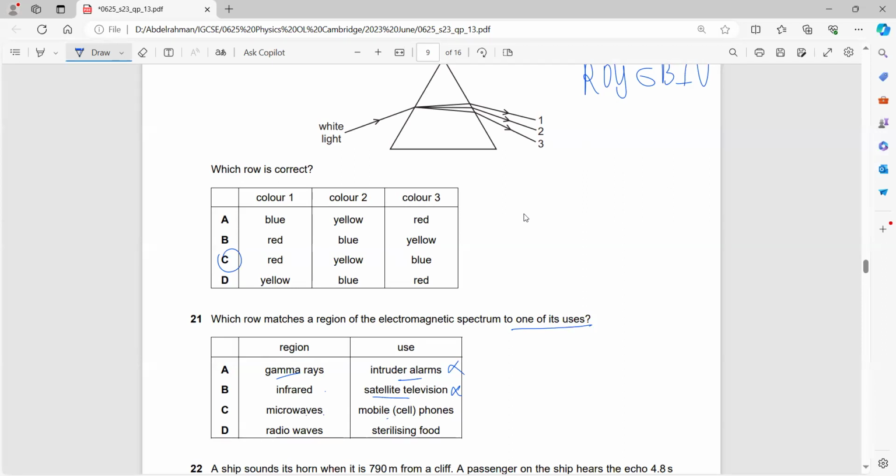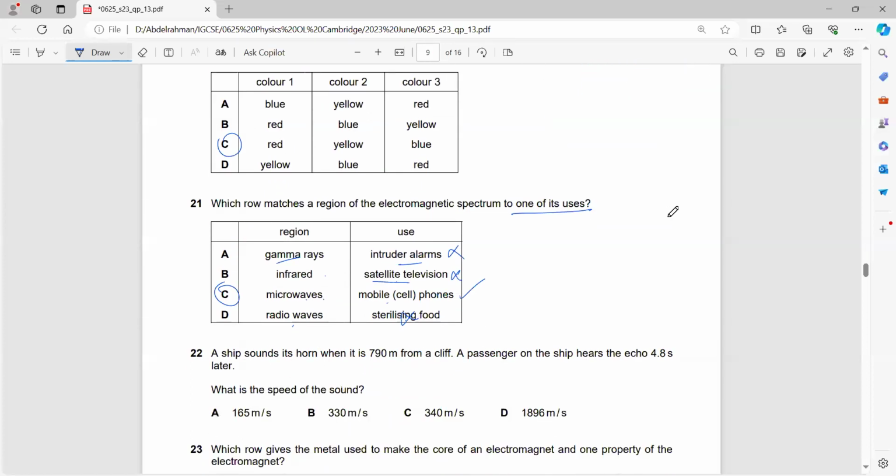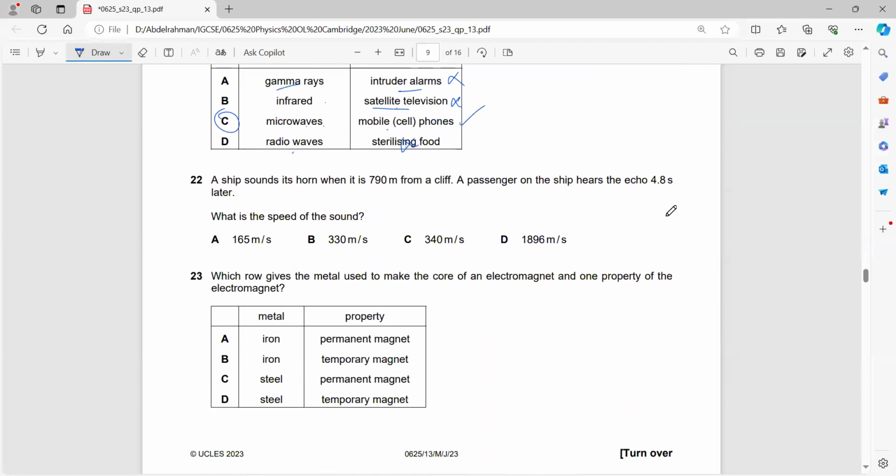Yes, we do use microwaves in cell phones and satellite televisions. This is correct. Radio waves in sterilizing food? No, this is wrong. So the only answer would be C again. Paper one is very easy because you can eliminate three of the four answers quite easily.